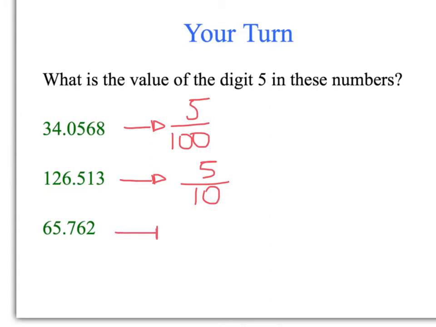Now this third one, I'm trying to be a bit tricky, but you probably know the answer to this. This is just a whole number 5, so it's just 5 ones. I'm sure you did really well with those.